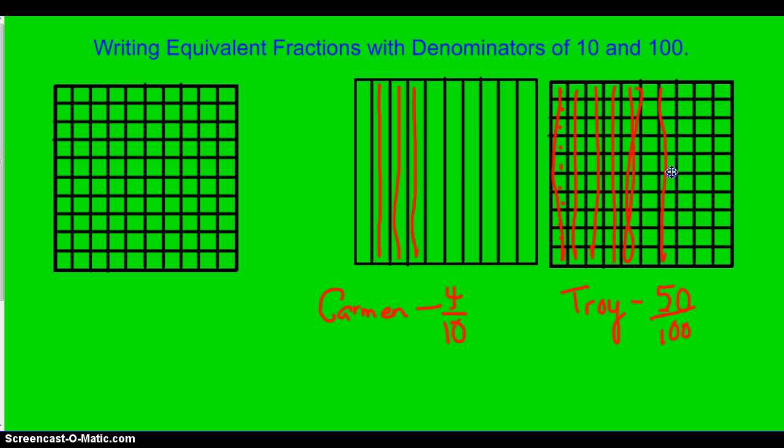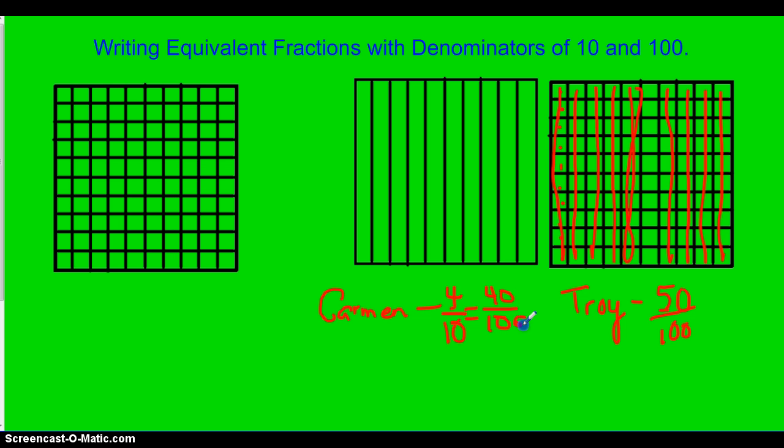So Carmen's 4 tenths is equal to 40 hundredths.